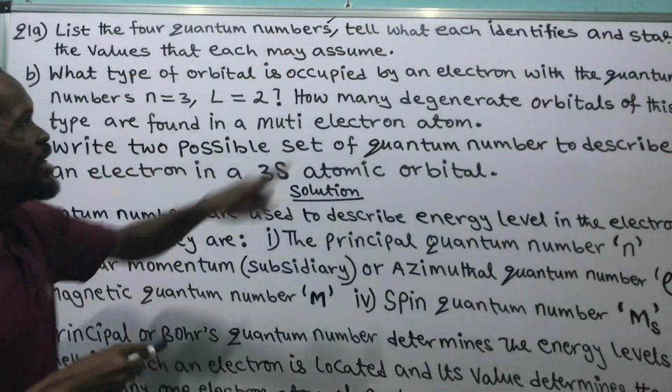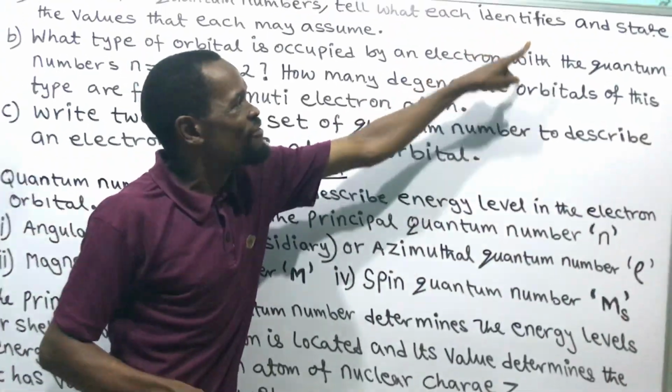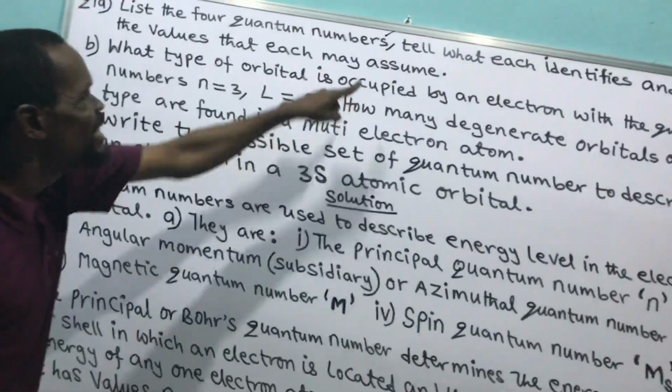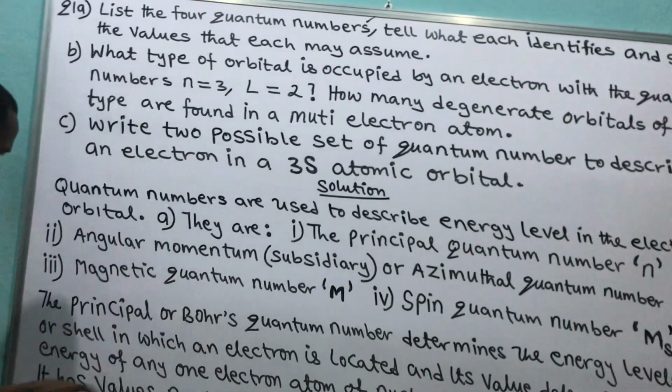Now they tell us to state what each identifies and the values that each may assume.